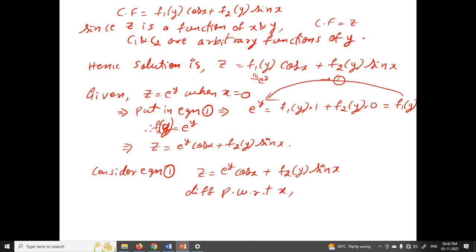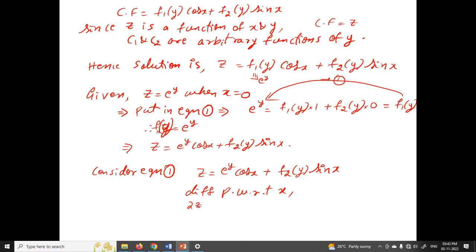So let us see, can we eliminate the next part? Yes, easily one can eliminate f2(y). So why are we doing this process? Because to eliminate f2(y).